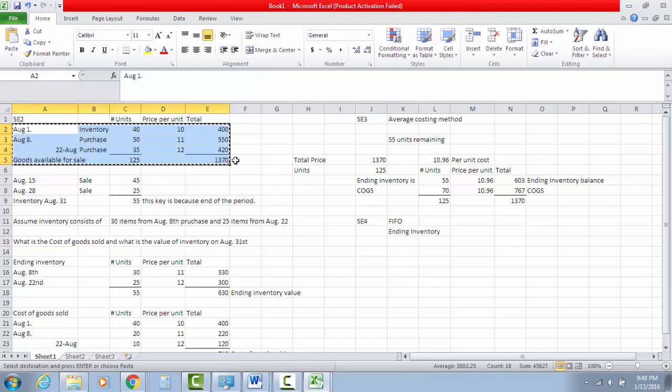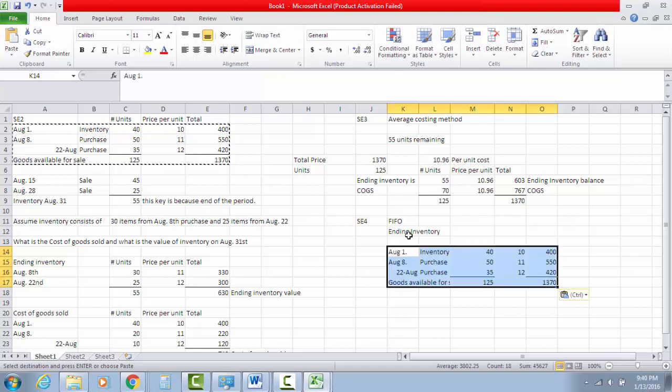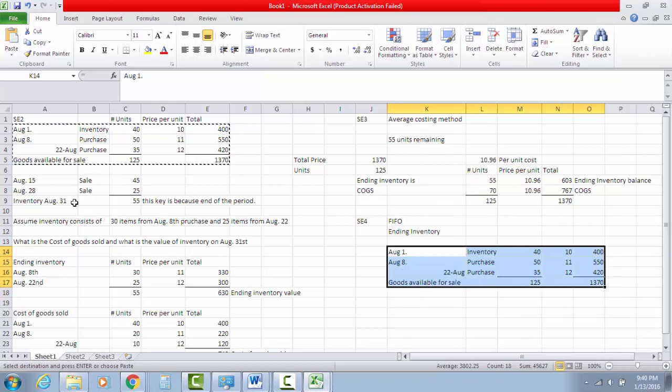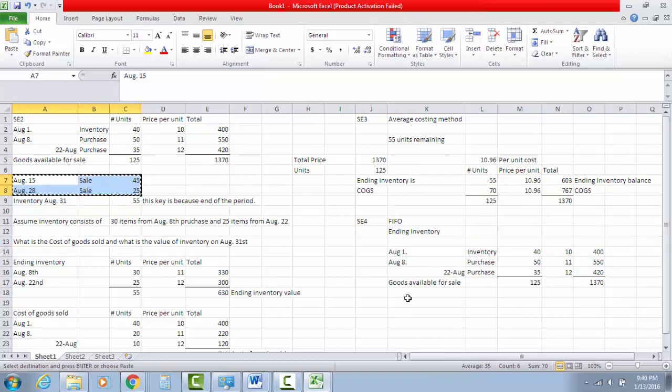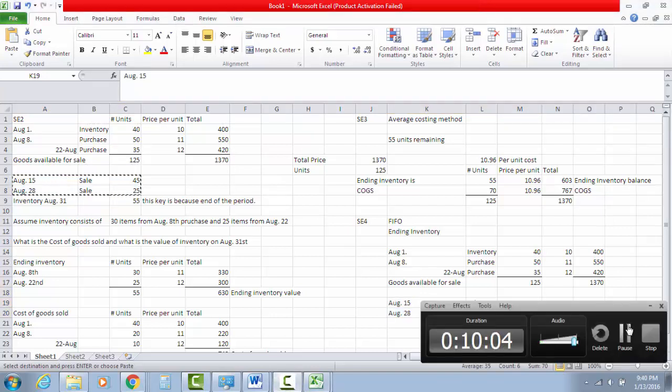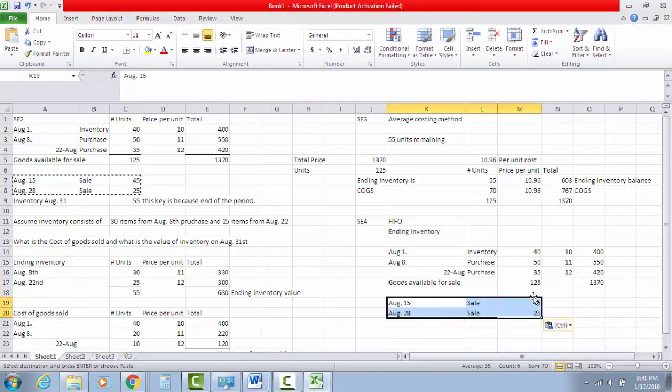So let me copy this and put this down. So ending inventory. So how were they sold? When were they sold? Matters to us, right? So let's take a peek at this.